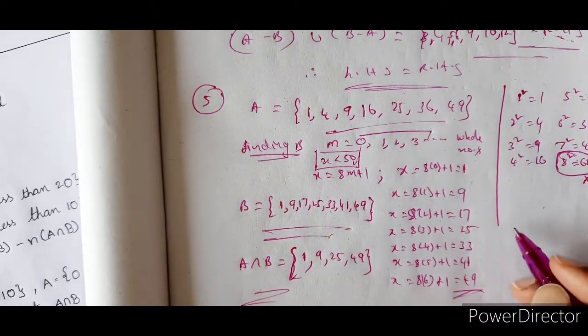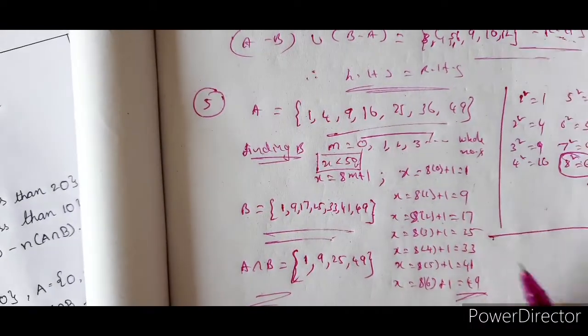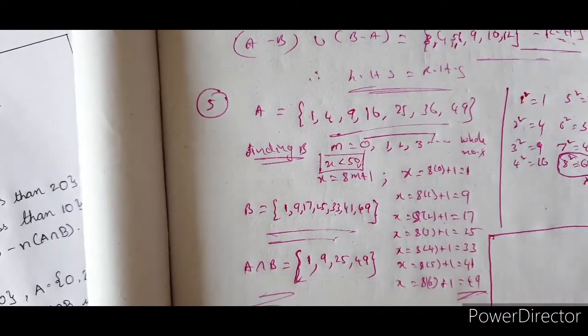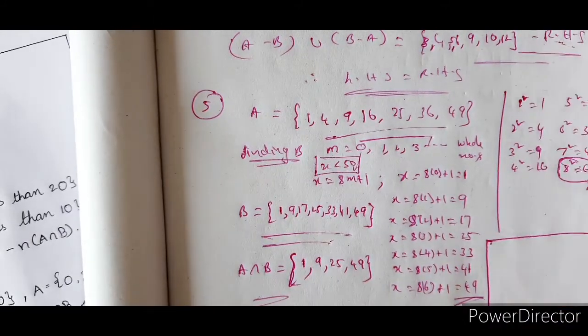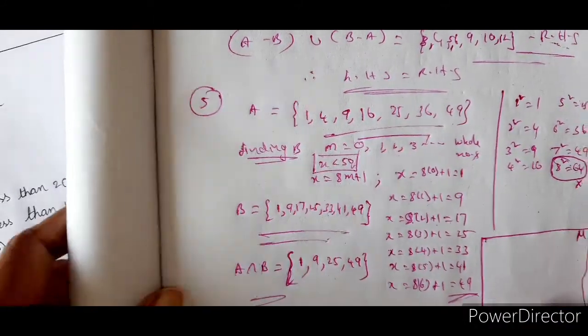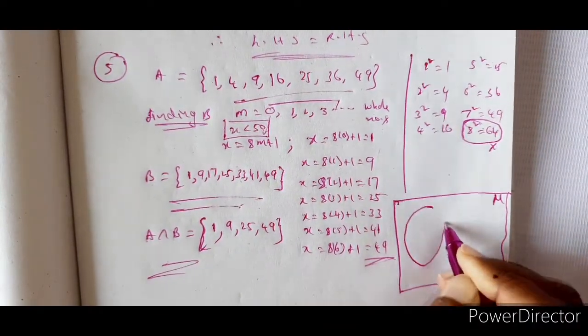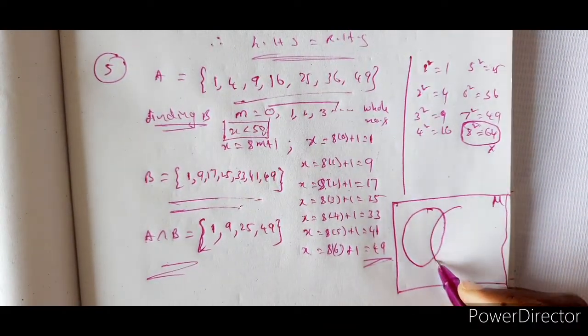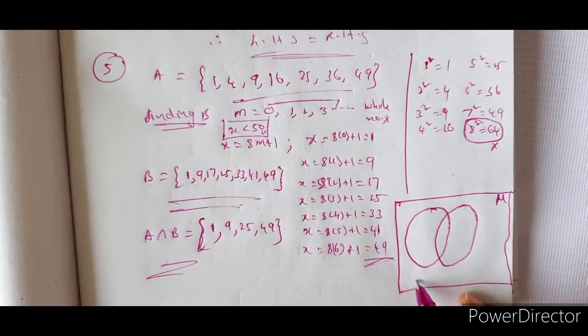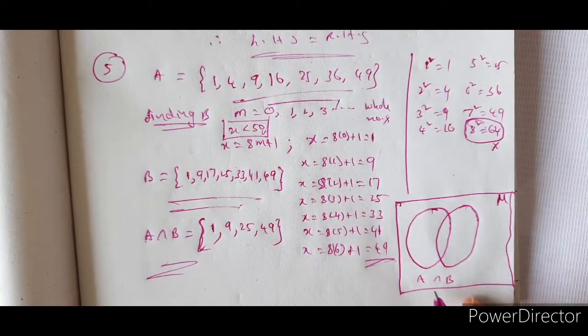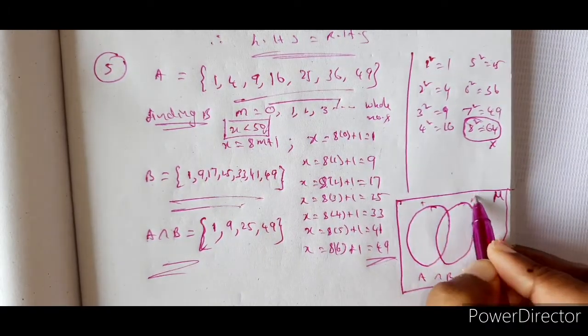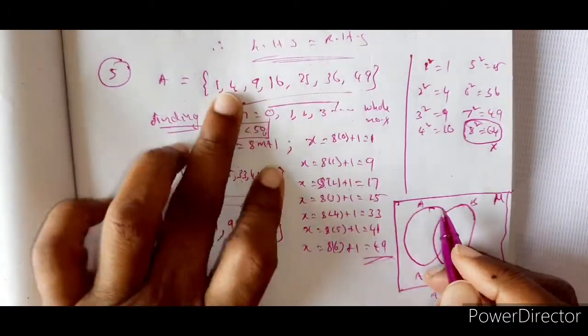Now coming to Venn diagram. There should be a universal set always mentioned. Right? So now let me write A and then B. A intersection B. This is A intersection B. So A, B. Right. What are there in A?